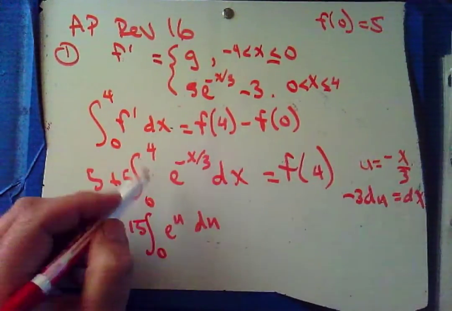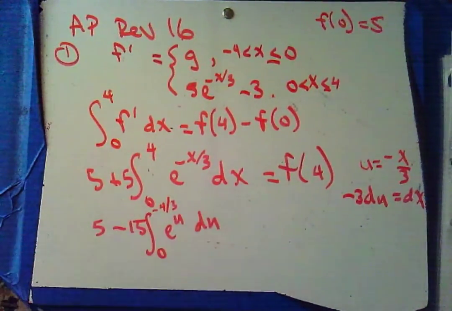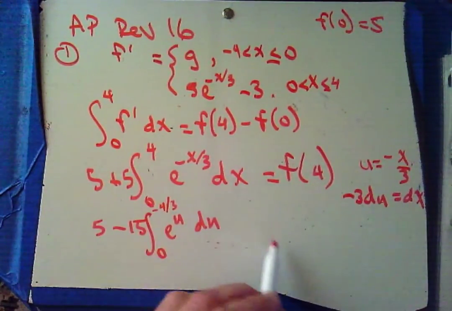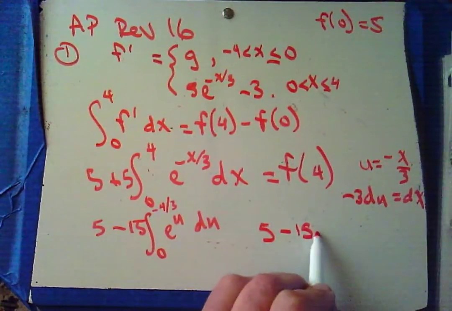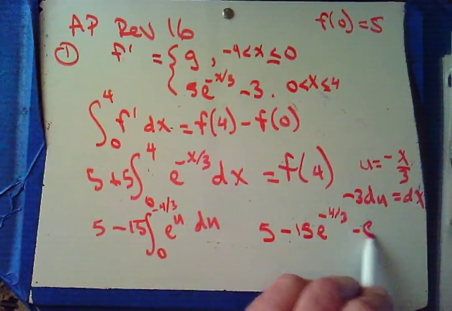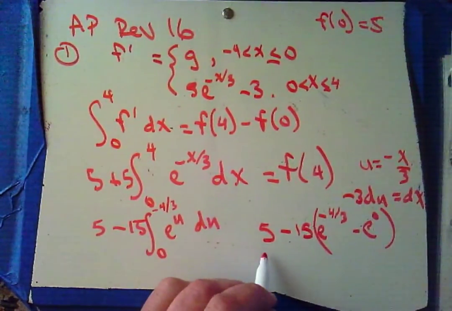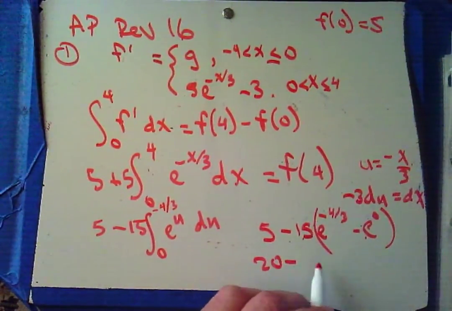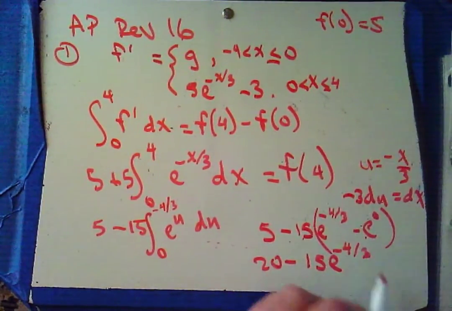If I plug a 4 in here, -4/3. I don't like that at all. Okay, so then we would have 5 minus 15 times e to the -4/3 minus e to the 0. That's going to be minus a minus is plus, 20 minus 15 e to the -4/3.